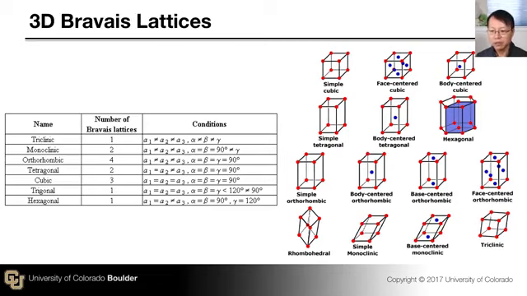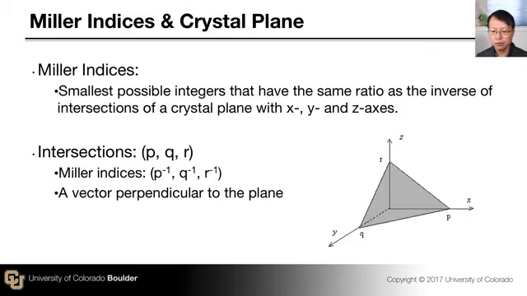Now, before we move on, I want to introduce Miller indices, which are used to specify crystal plane. So, suppose that I want to specify a particular crystal plane, as shown here. The shaded triangle is a section of the crystal plane that I want to specify.